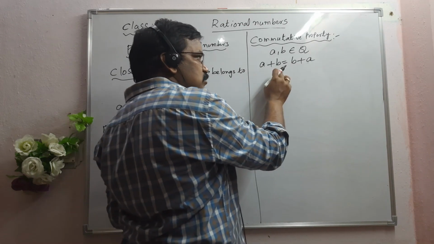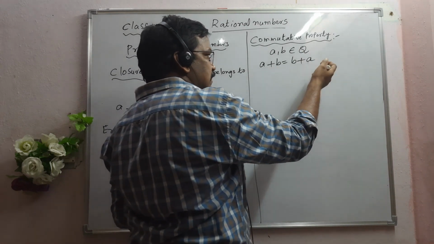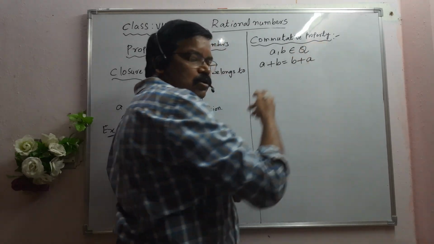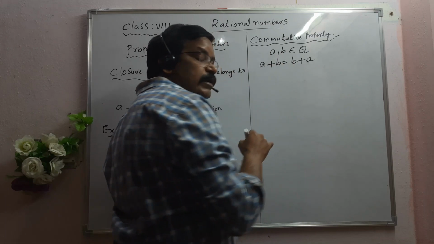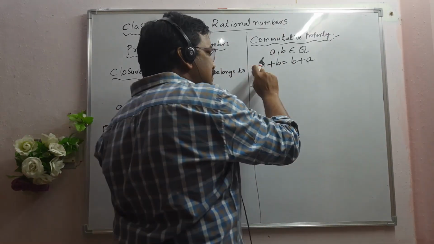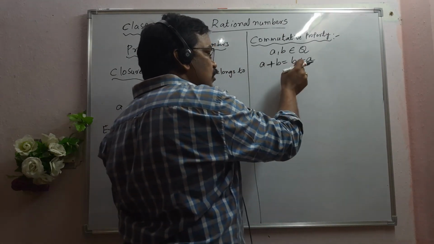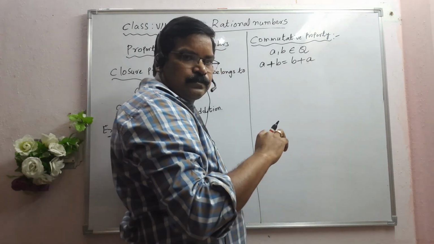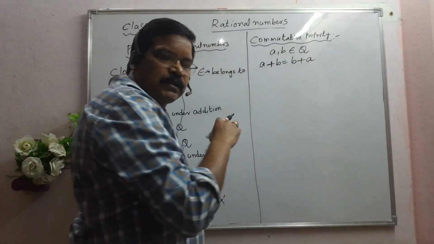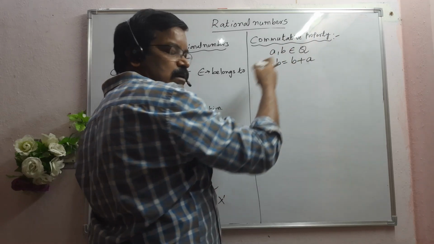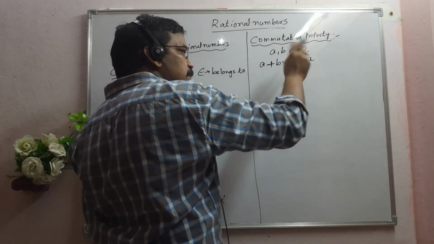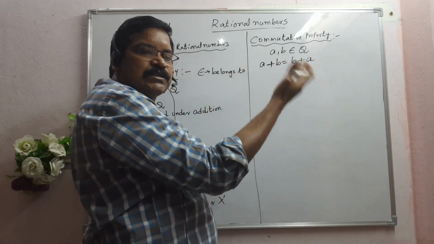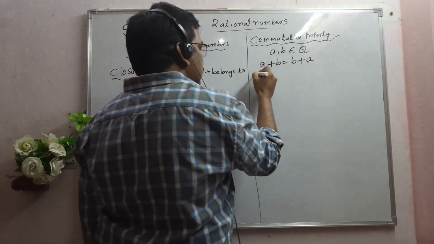If their sum a plus b is equal to b plus a, then this property is called commutative property with respect to addition. What is commutative property? If a plus b equals b plus a, then that property is called commutative property.